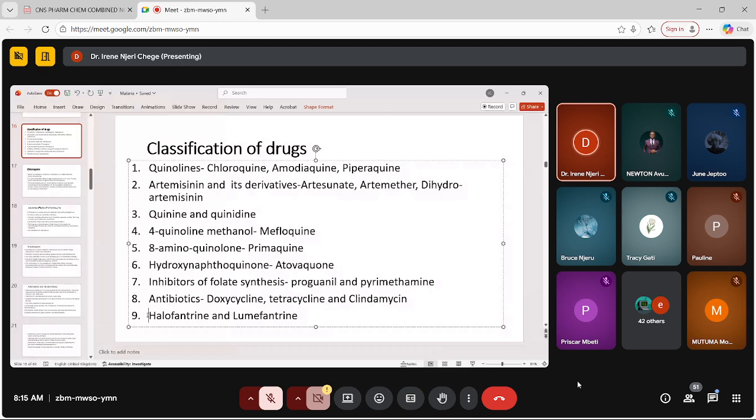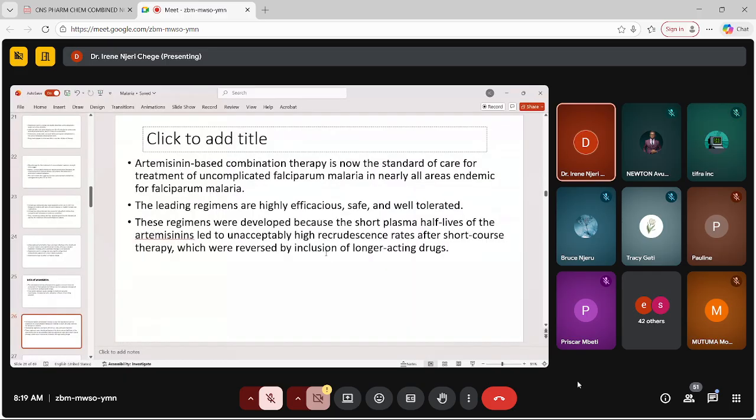They have short plasma half-lives. These drugs, the artemisinins, have got short plasma half-lives. So they're combined with lumefantrine to reduce what we call recrudescence rates.